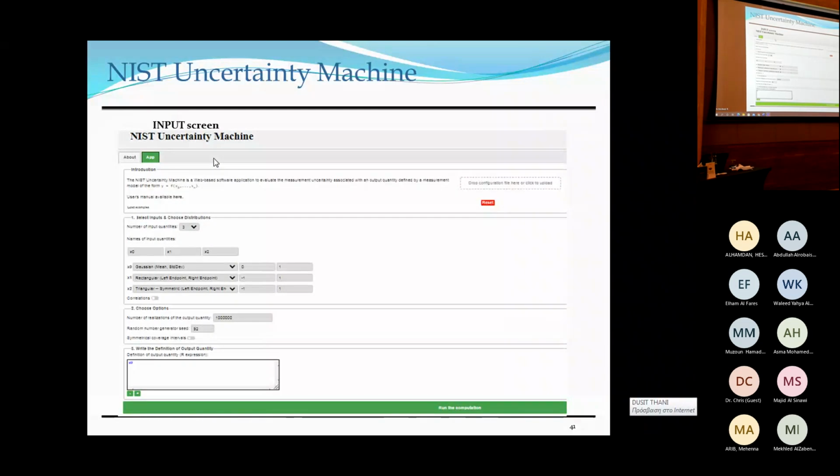Yeah. T0 is 20. It's 20 degrees. It's the reference temperature. Yes.